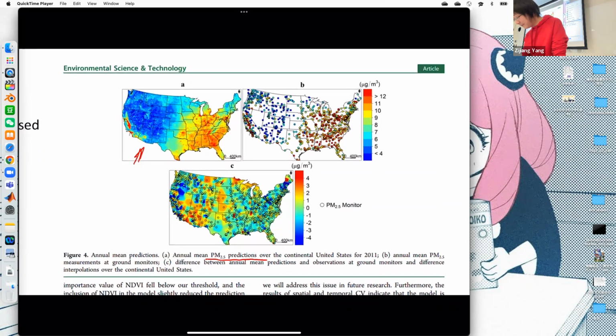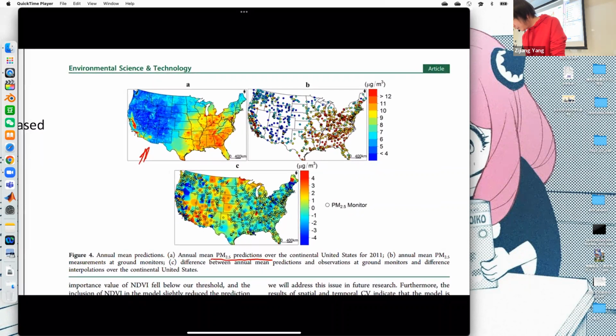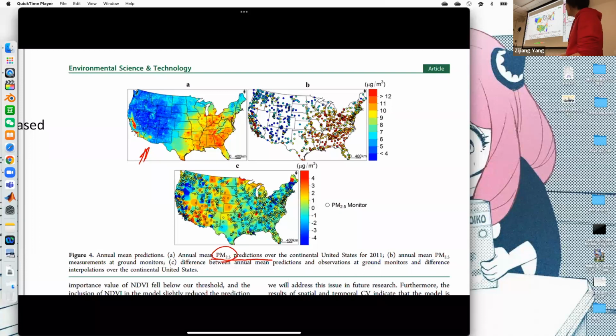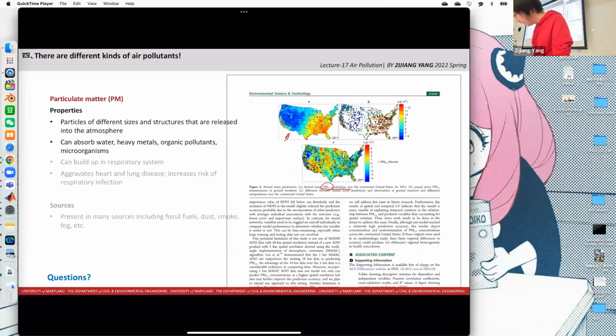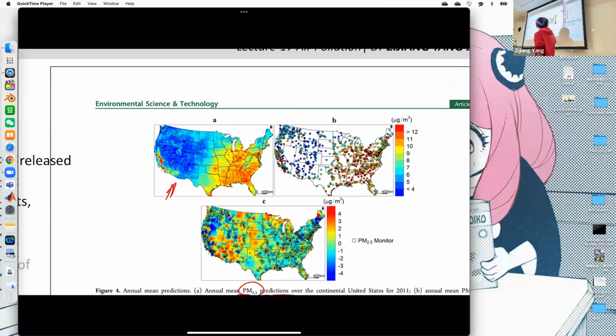This is the PM 2.5 concentration, and we can see that in the United States, the PM2.5 contamination is more severe in the southeast region. But for this region around California, there may also be relatively high concentration. And Maryland, I think, is around here.